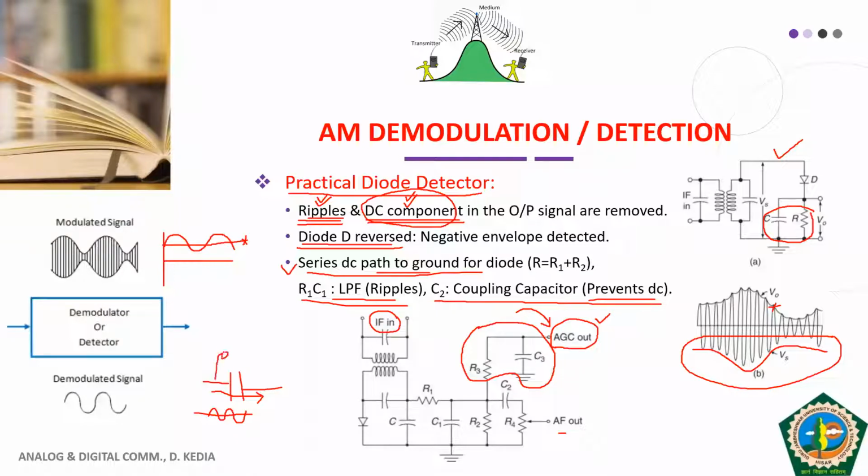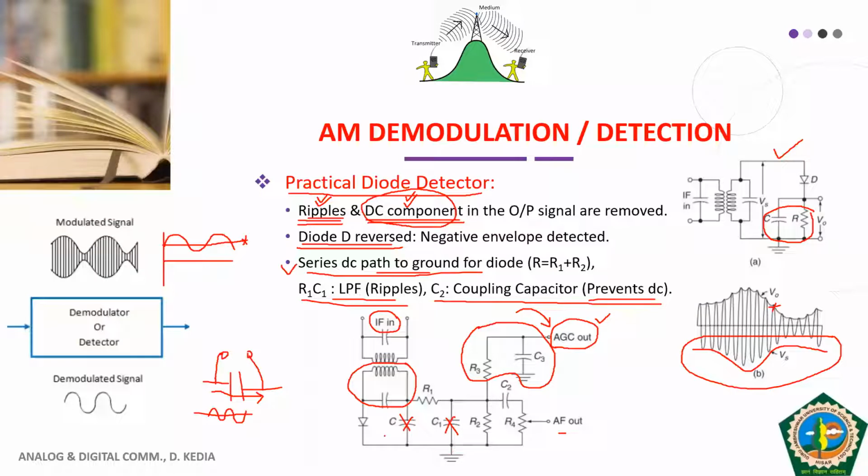An open circuit. We have already studied this thing in detail in our network analysis subject. So DC makes a capacitor an open circuit. So if the DC part enters into this secondary, then what will happen? This capacitor will be open circuited. When these are open circuited, you can assume that these are no longer in the circuit.